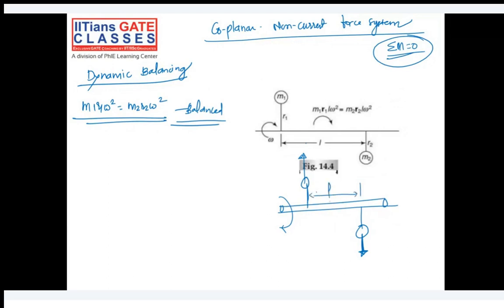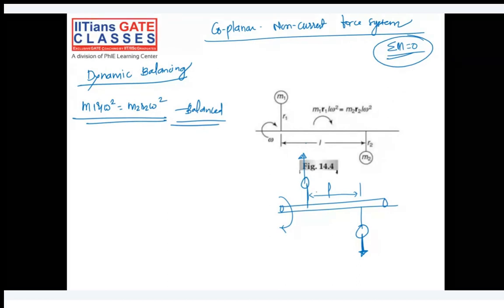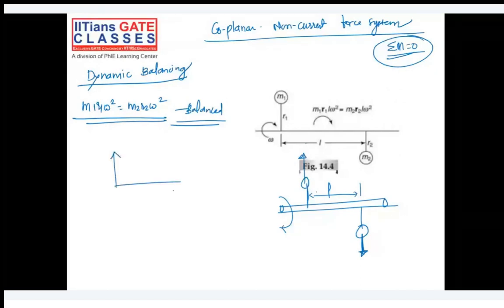So whenever several masses rotate in different planes, not only the centrifugal forces come into the picture, but centrifugal couples will also come into the picture. Do you know what is couple? Whenever we have two equal and opposite forces separated by some distance L, it will form a couple. Couple means a moment, basically.